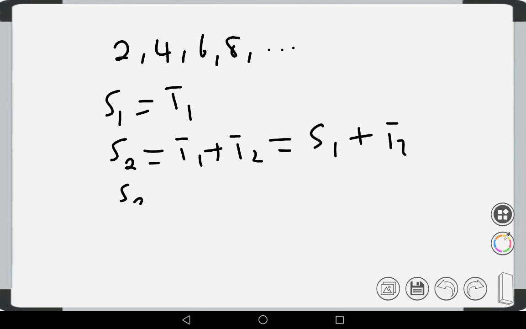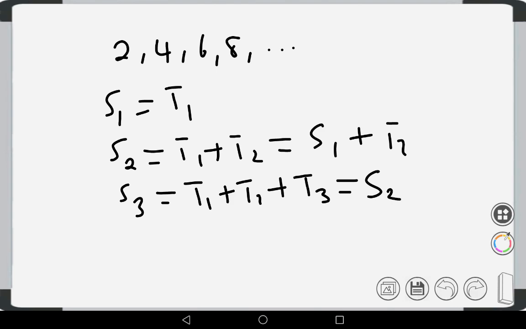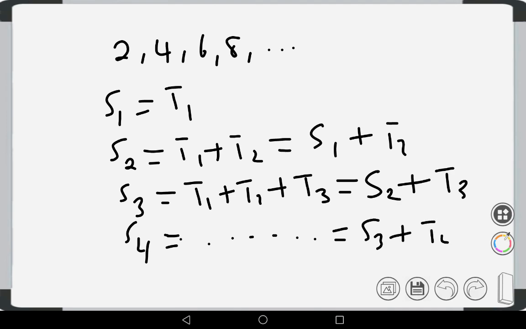S3 is T1 plus T2 plus T3, which is S2 plus T3. S4 goes exactly the same way, which means your S4 is going to be S3 plus T4.